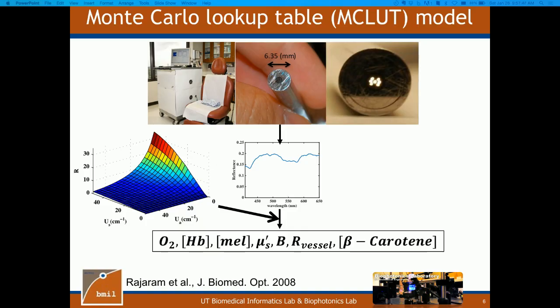There are two ways to create a lookup table. In 2008, our group published a paper reporting the lookup table model for the first time. We created a lookup table based on experiments. Later on, we developed a Monte Carlo simulation light transport model and got the Monte Carlo lookup table model.